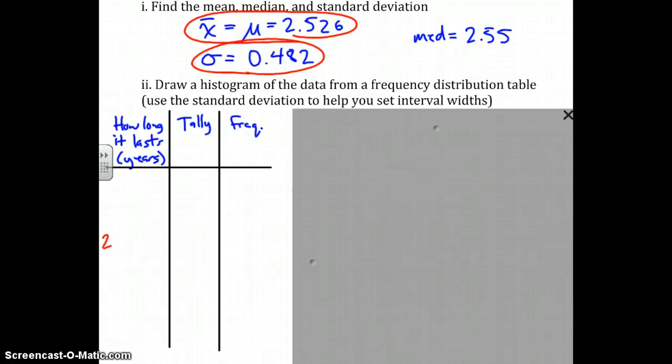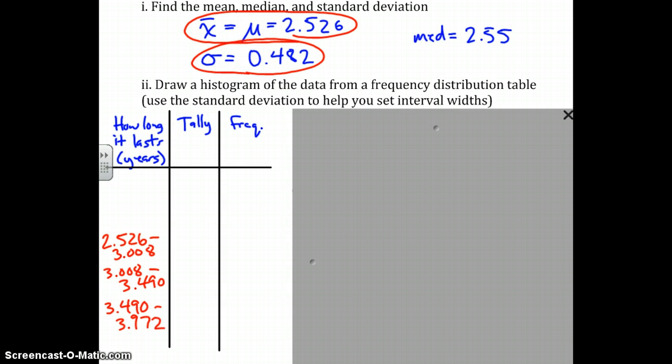So I'm going to put 2.526 here, and go from 2.526 up to 2.526 plus 0.482, to get 3.008 for this interval. Then from 3.008, I go up another standard deviation to 3.490. And then another, from 3.490 up to 3.972.